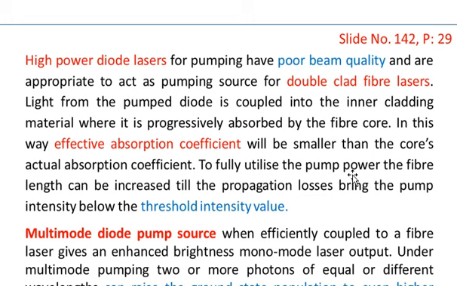To fully utilize the pump power, the fiber length can be increased until the propagation losses bring the pump intensity below the threshold intensity value. So we can make the laser fiber length longer, so that we can get rid of the losses and obtain a pump intensity below the threshold intensity value.